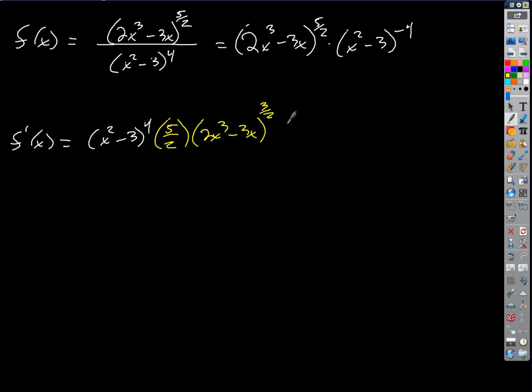Three halves, good. Times 6x squared minus 3. Times derivative of what's inside, which is 6x squared minus 3. Okay, good. Minus what?